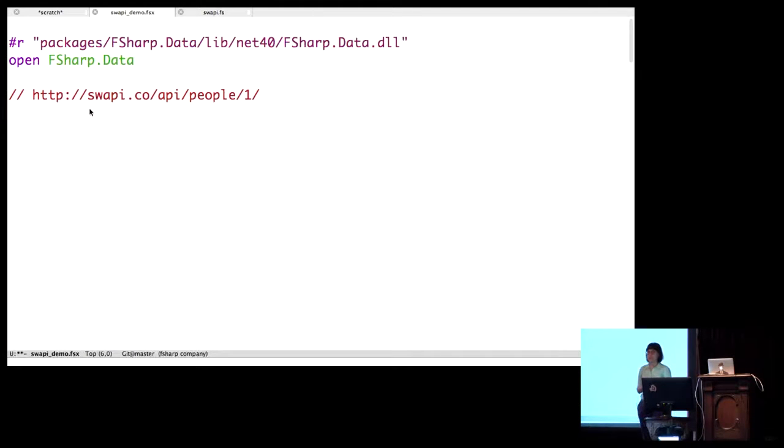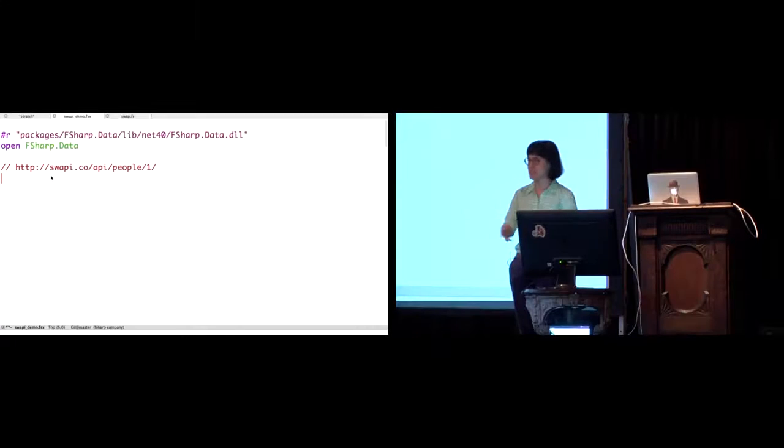Type providers allow you to get typed access to a lot of different data sources. I'll be using the JSON type provider, which gives me access to JSON documents. You can use the HTML type provider, CSV type provider, XML type provider, SQL type provider, anything. And most of them are in the FSharp.Data library, which is cool.